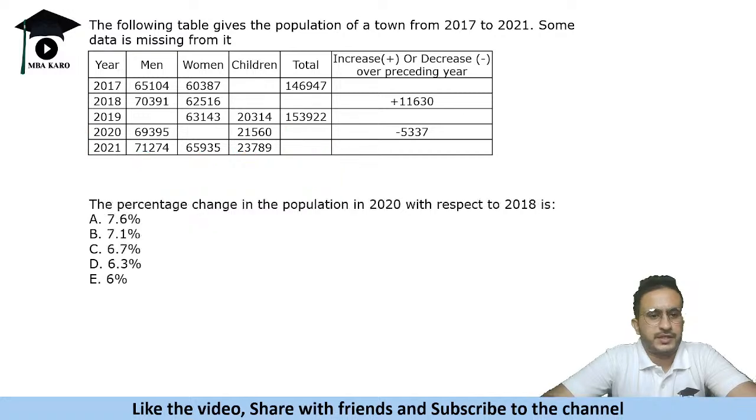Okay. So let's see the next one. The percentage change in the population in 2020 with respect to 2018 is.